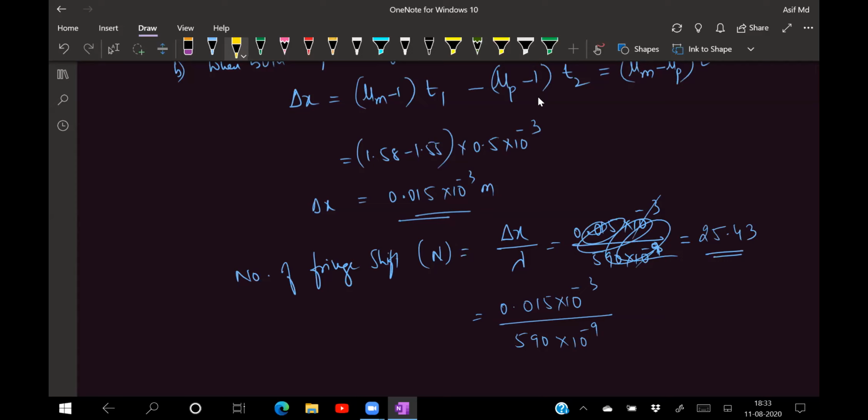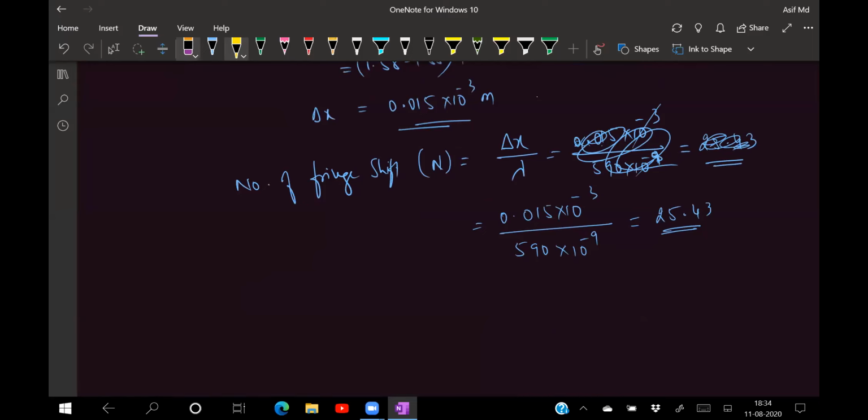It is approximately 25.43. That means there are how many fringes?